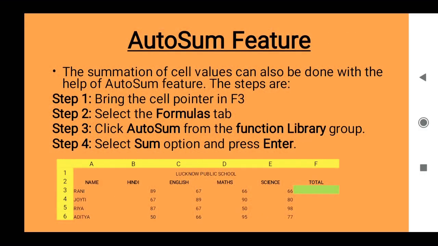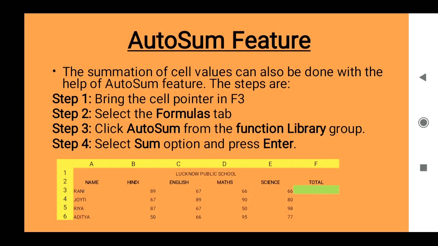AutoSum. This is a very common and popular button used to get the sum of different cells containing numbers or values. Inside this button, all the statistical functions are available. So how to use this? The steps are: Step 1, bring the cell pointer in F3.